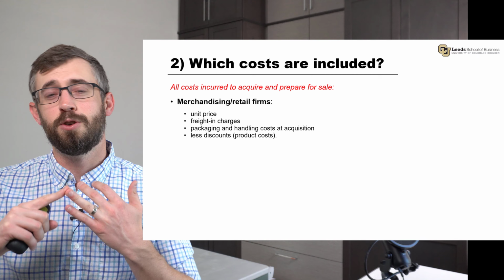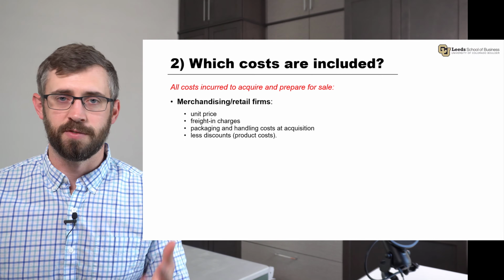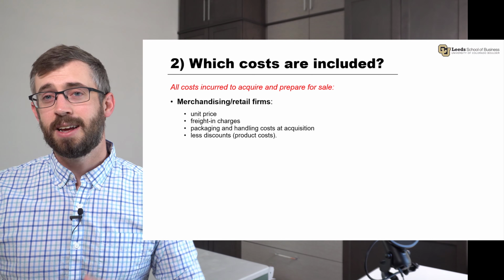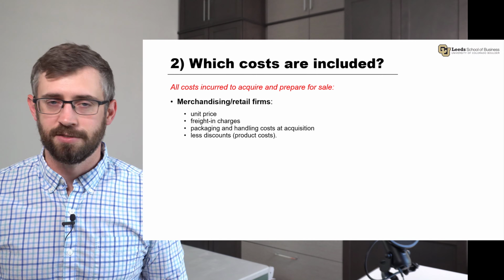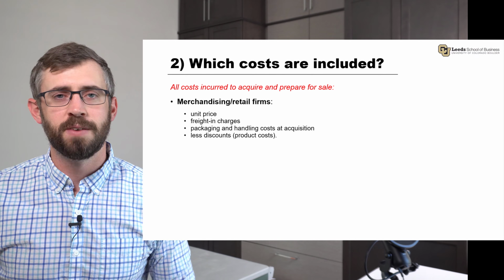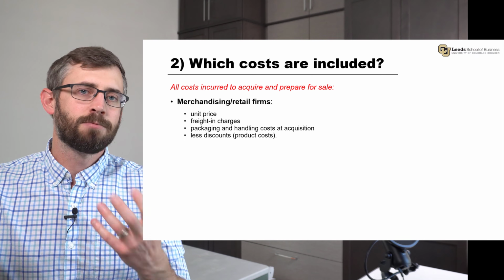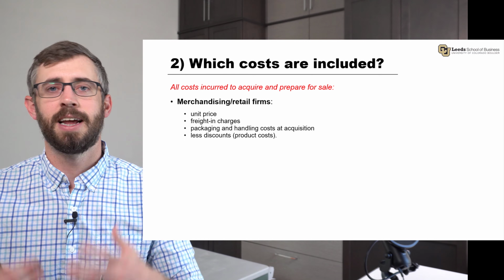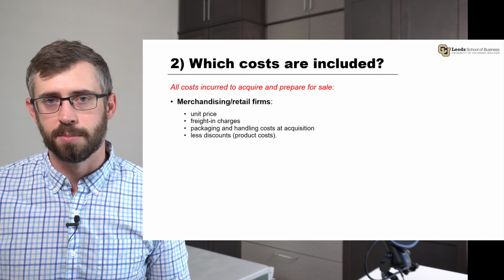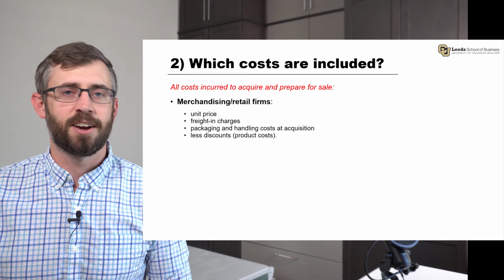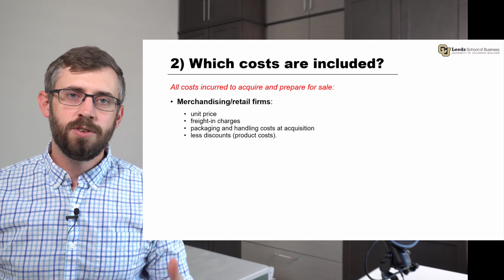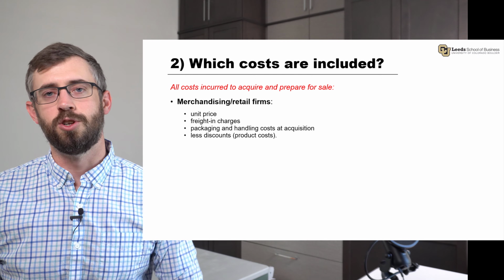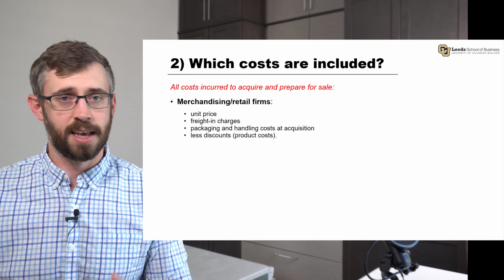It could include packaging and handling costs by some of our employees. We might reduce it by any discounts that we receive. So if we buy a big volume of things and we get 10% off, well, that reduces the amount we pay by 10% and it reduces our inventory value by 10%. So we're looking at what do we actually pay for these goods, and we include the incidental costs to acquire and get these things ready for sale.